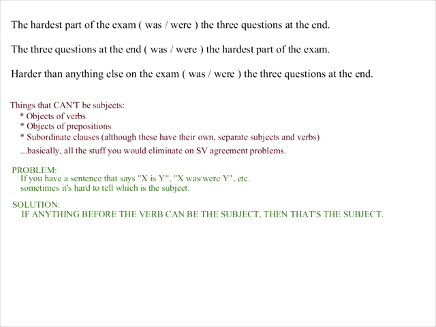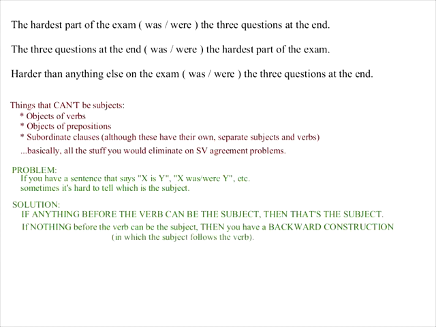If nothing before the verb can be the subject, then you have what's called a backward construction, in which the subject follows the verb. Let me give you an easier example of a backward construction before we go to those examples that are up there.